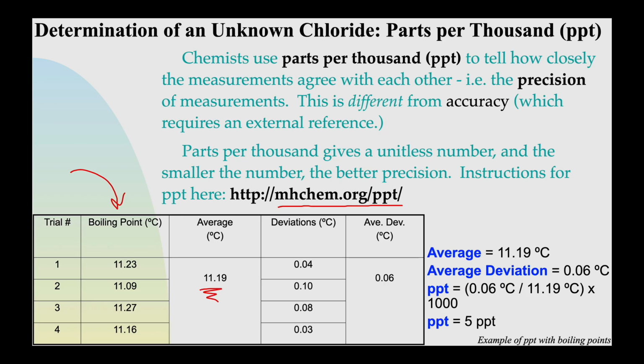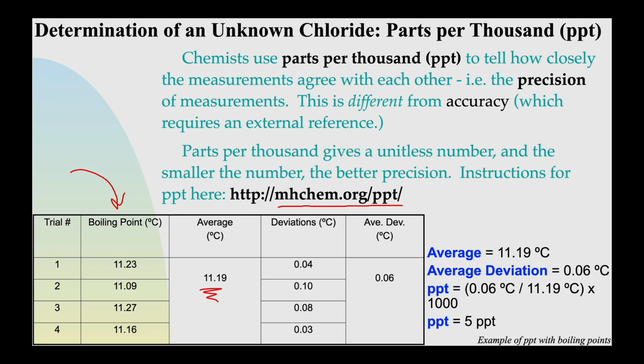Now, how this 11.19 number came around is someone added up 11.23 plus 11.09 plus 11.27 plus 11.16, and they got a number. And to find the average, you take the sum of all that stuff and divide by the number of trials. So you would take the big number and divide by 4 in this case, because we have 4 trials. That's where the 11.19 number came from.